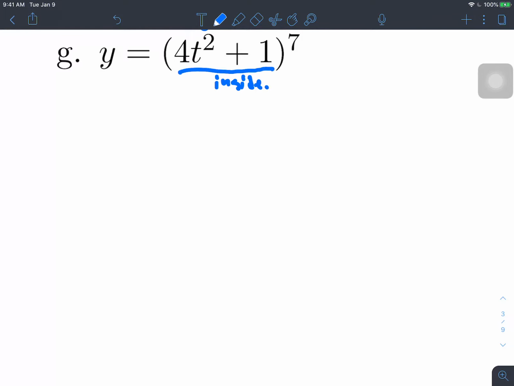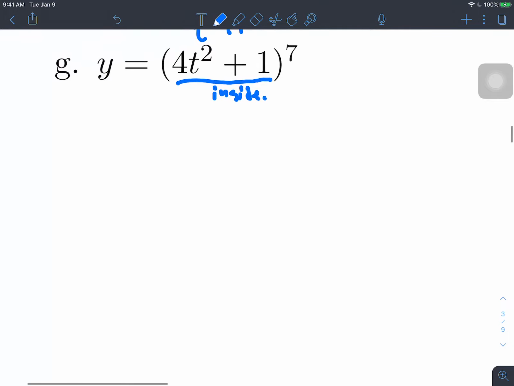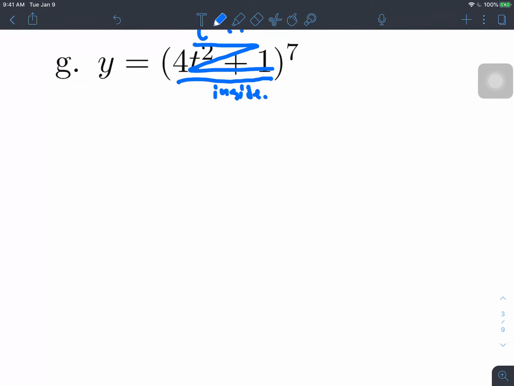Okay, so the way I'm going to treat this is I'm going to use the fast way. I know that the inside is an inside function, and I know when I do the chain rule, what I should do first is the derivative of the outside function and leave the inside totally alone. So I'm going to treat this as if it was one big variable z. If I was going to do the derivative of z to the 7th power, I would just use the power rule, right?